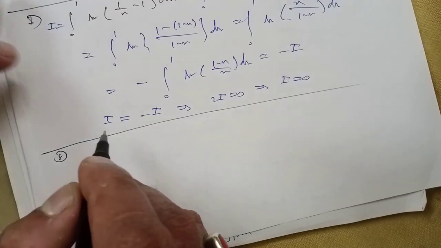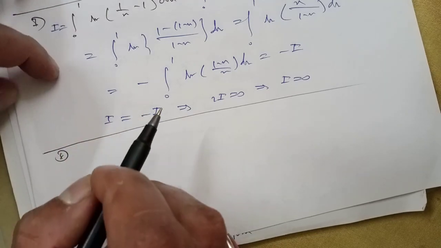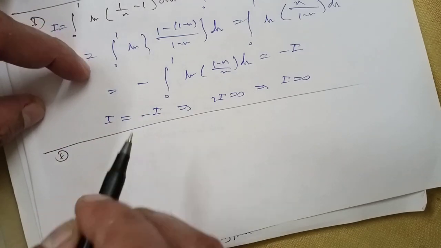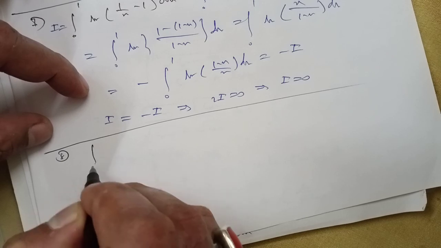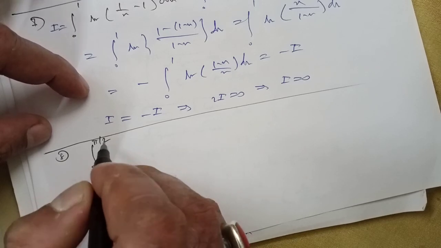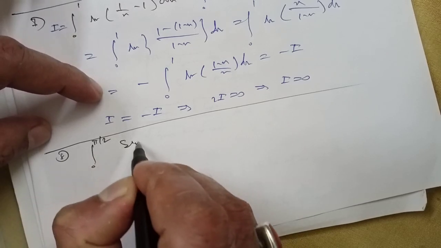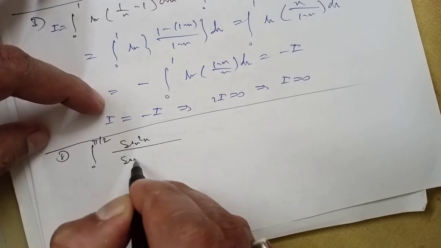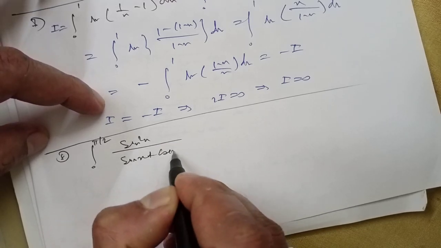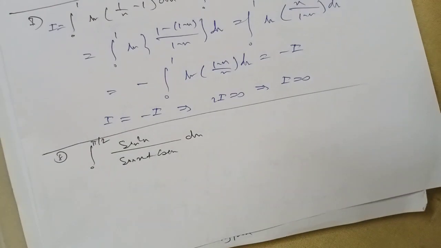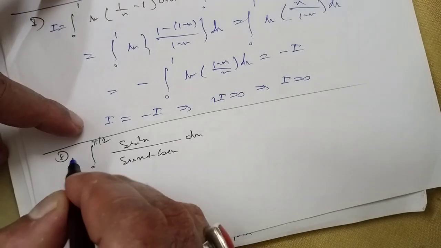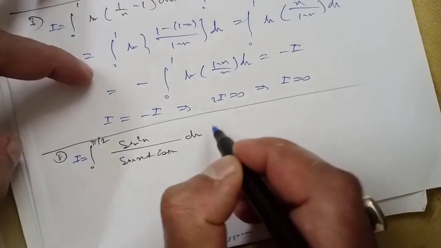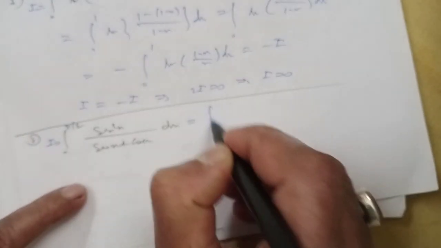Problem 8. This is integration 0 to pi by 2 sin square x by (sin x plus cos x) dx. So let us take the given integral as I, then apply fourth property.